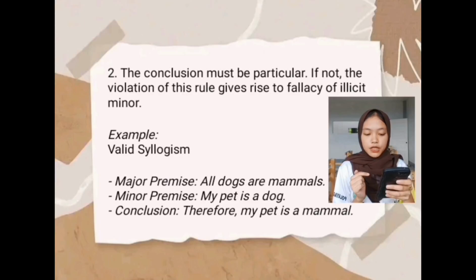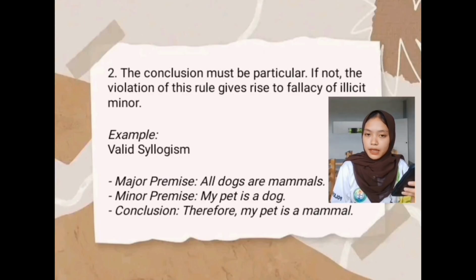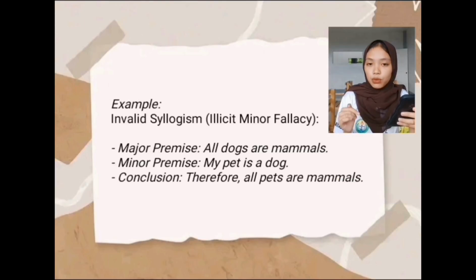This is valid because the minor premise is affirmative. It states that my pet is a dog. Okay, so the conclusion is particular, it doesn't say all pets are mammals. Instead, it only states that my pet, a specific dog, is a mammal. So that is how it becomes invalid. So kung i-invalid naman natin siya, this is the example would be, major premise, all dogs are mammals.